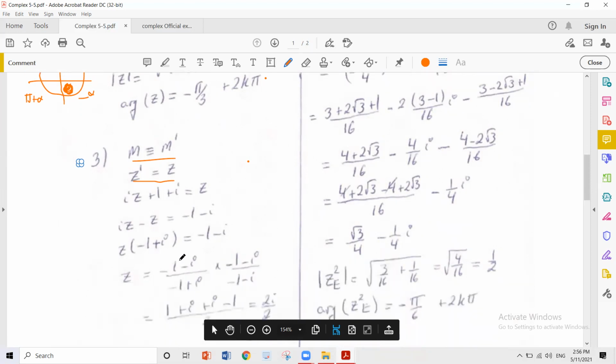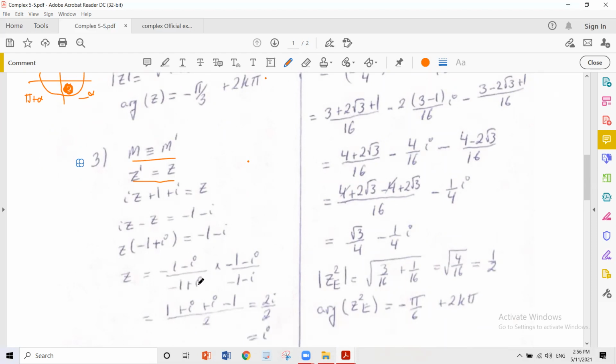Z equals minus 1 minus I over minus 1 plus I. We multiply by the conjugate, or use the calculator.